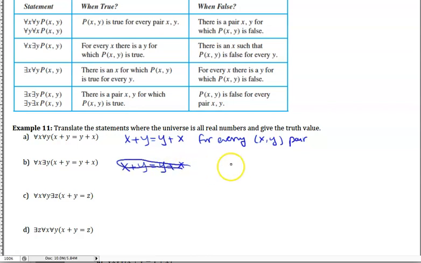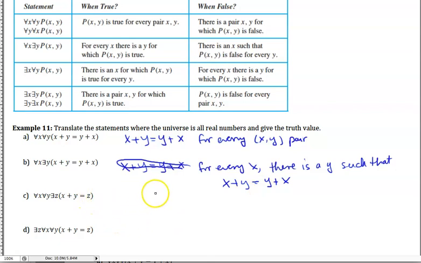Let's do this again. For every x, there is a y such that x plus y equals y plus x.